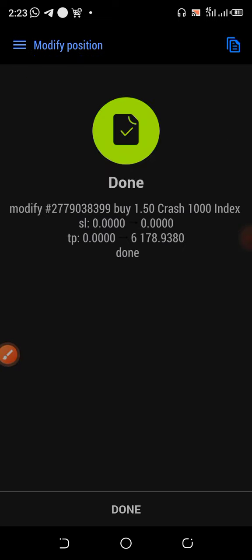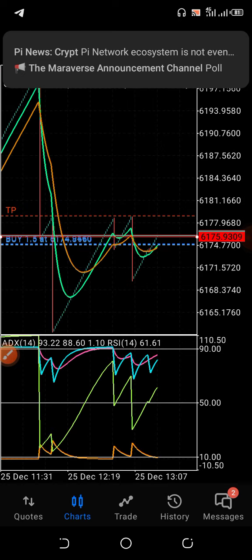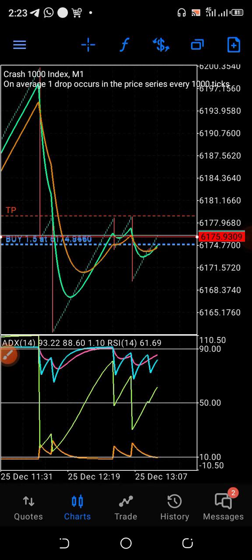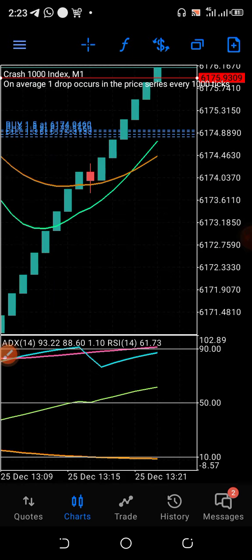My target is just 5 candles, and I am almost 1, 2, 3, 4. That is where I placed my line, and I'm $2 each in profit.